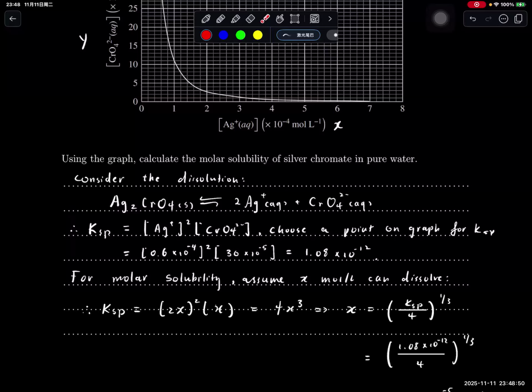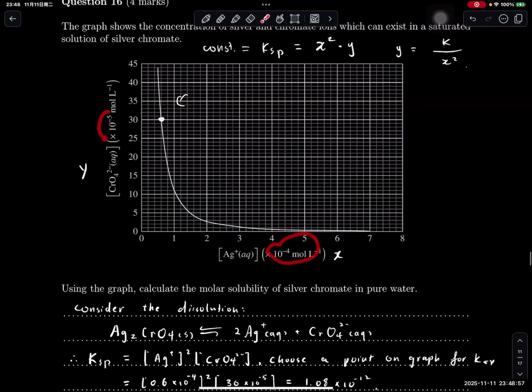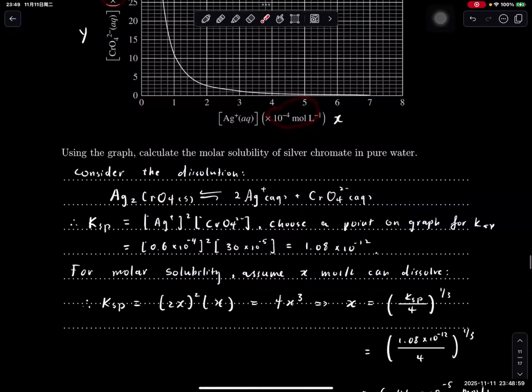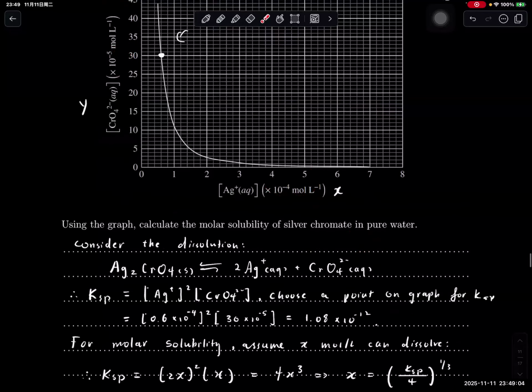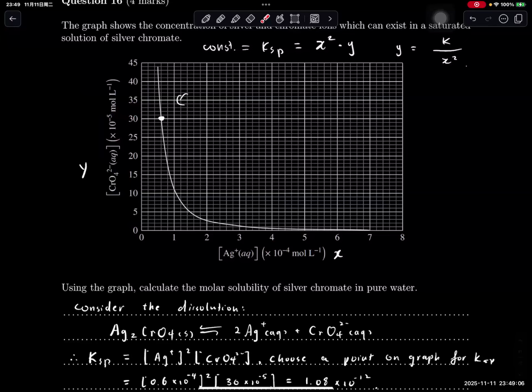Be very careful about the labels of the graph. It gives you a power of 10 to the negative 4, and it's very easy to omit that and end up with the wrong value. Use whatever point on this graph is more convenient, ideally one cutting through a grid line.